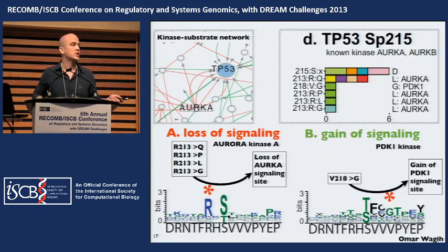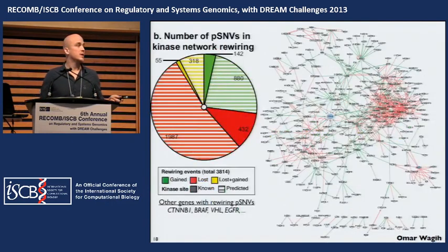At the same site, we can predict a gain of signaling event where the motif of BDK1 seems to be induced after a specific residue is added to the sequence. So V218 to G seems to give enough binding specificity for this kinase signaling to occur. There are a large number of such sites that we pull out using our systematic method.